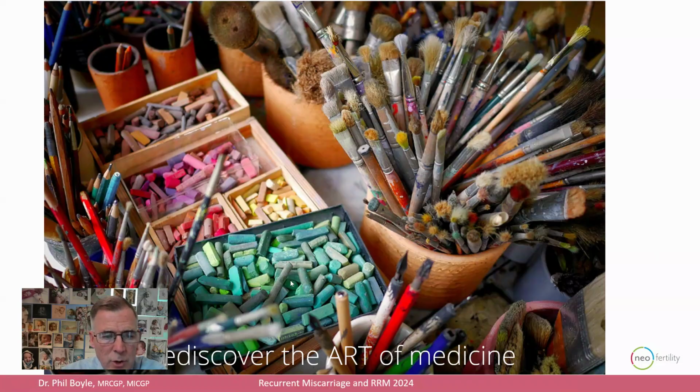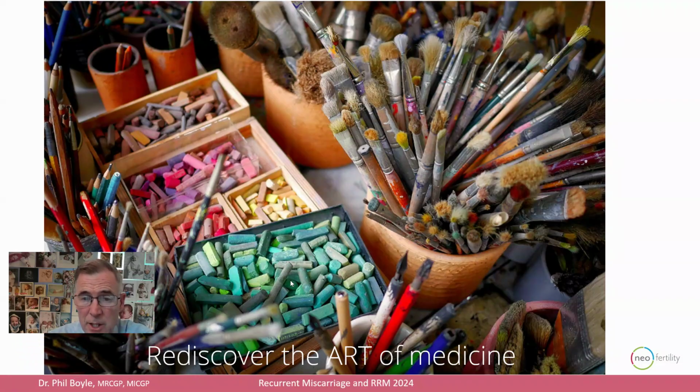This is a case of trying to rediscover the art of medicine. I had a patient recently who I did very different treatment compared to her first successful pregnancy and her second successful pregnancy, because you chop, change, and adjust and refine the treatment according to what you see.